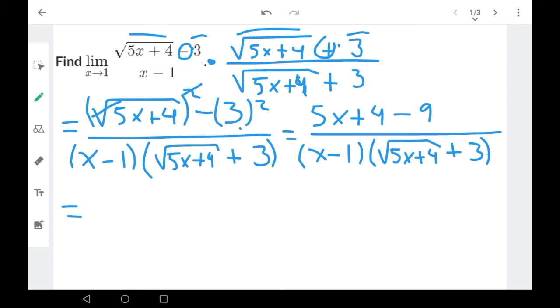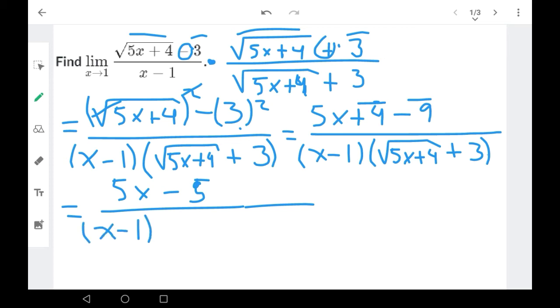So let's continue here. In the upper part I will have 5x minus 5, right? Because this is 4, positive 4, negative 9 will give me negative 5. And then I have the same denominator, that is going to be what? It's going to be x minus 1 times the square root of 5x plus 4 plus 3, right? That's what I have on the denominator.